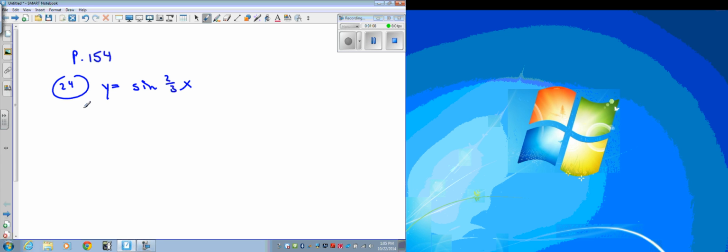So we do amplitude on this, and amplitude, remember, is the A. This is amplitude. And then this B is going to be involved with the period. It affects period.